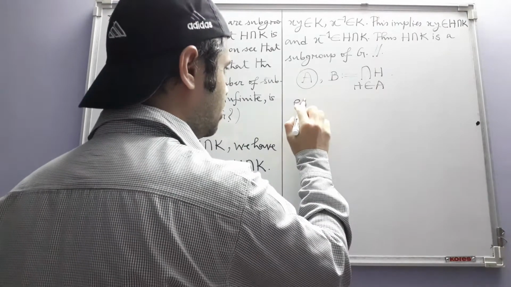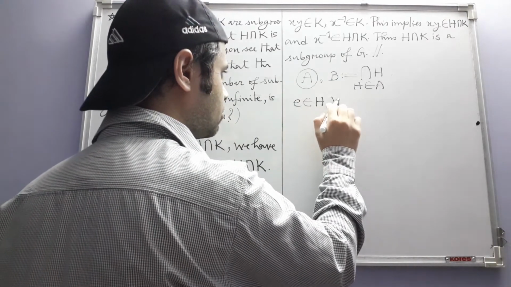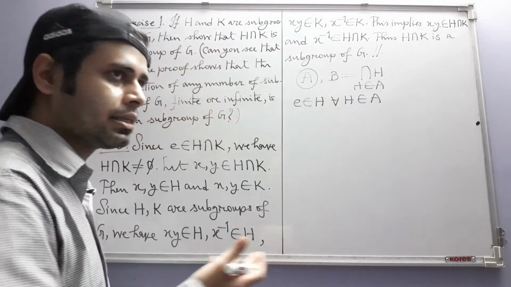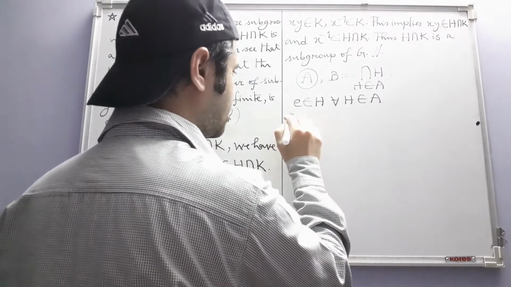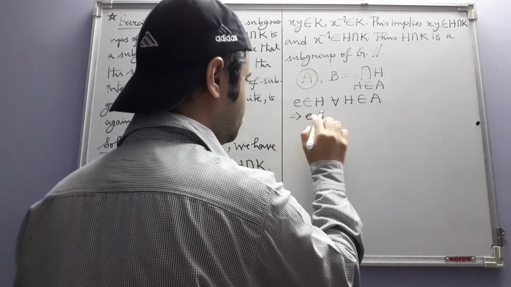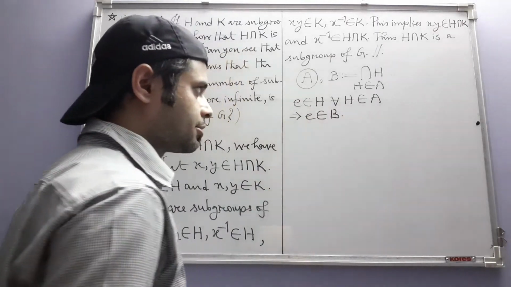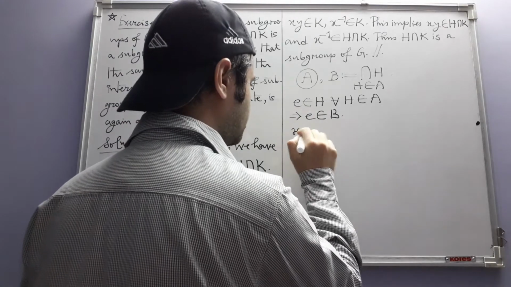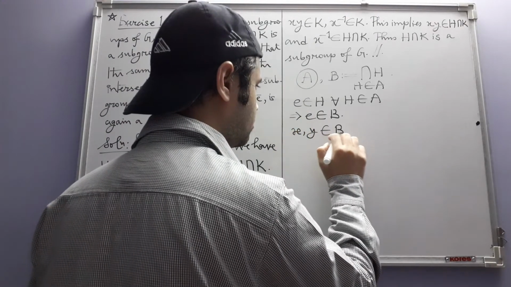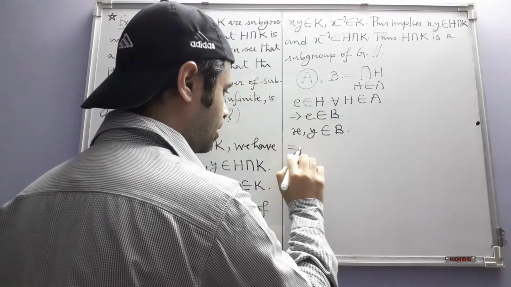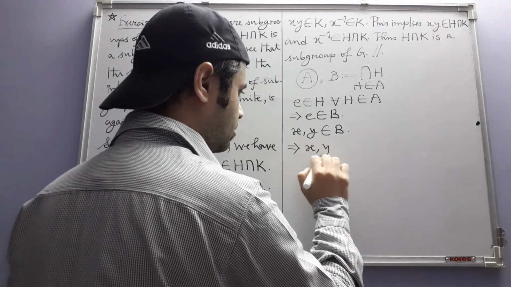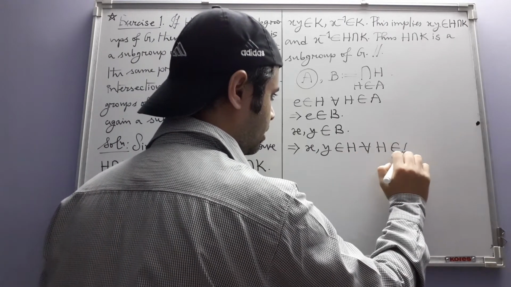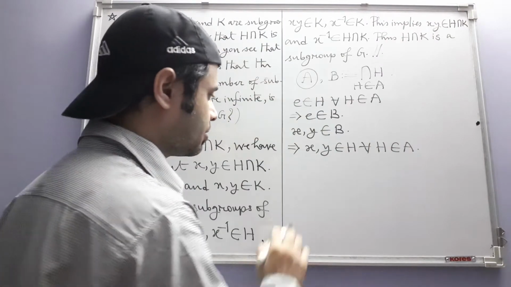Because E belongs to H for all H belonging to A, since all such H's are subgroups, that's why E belongs to B. So B is a non-empty subset of G. Then next you take two elements in B, then this will imply that they belong to H for all H belonging to A by the definition of this intersection.